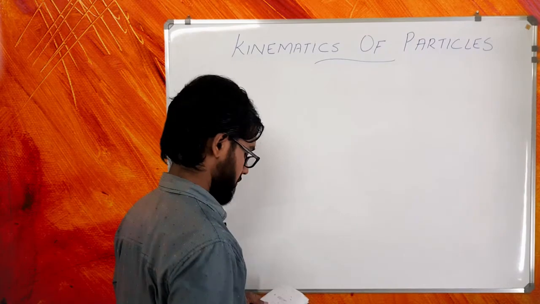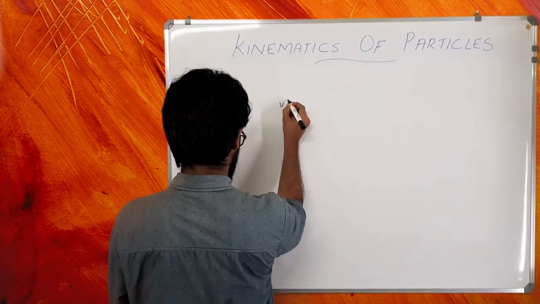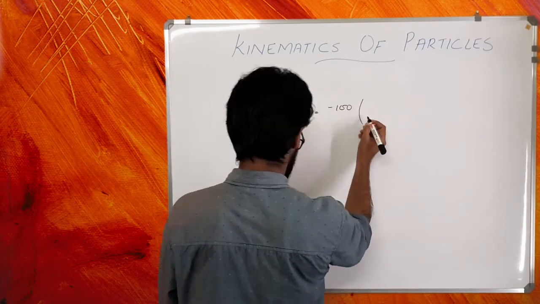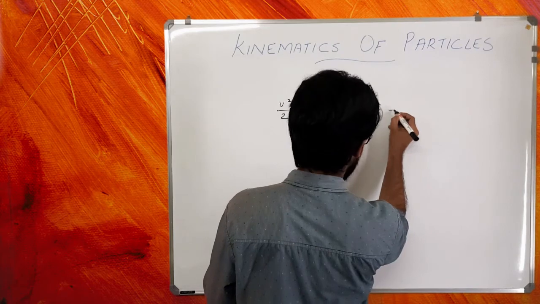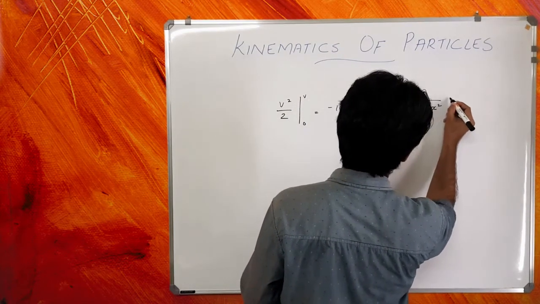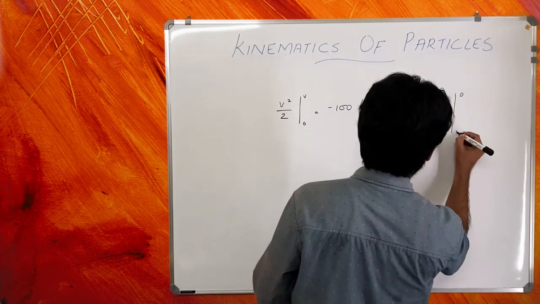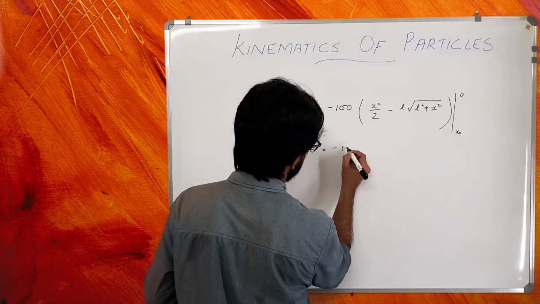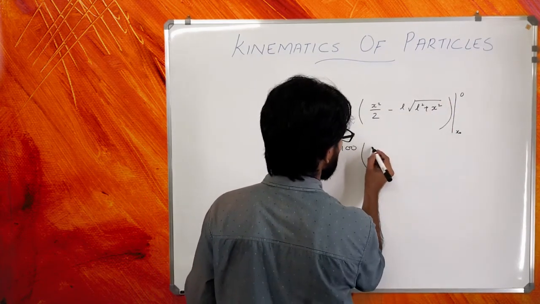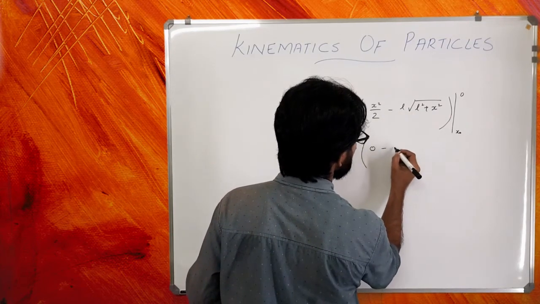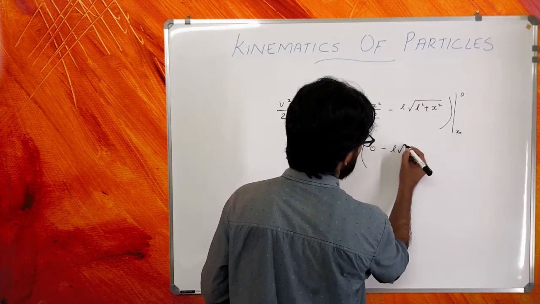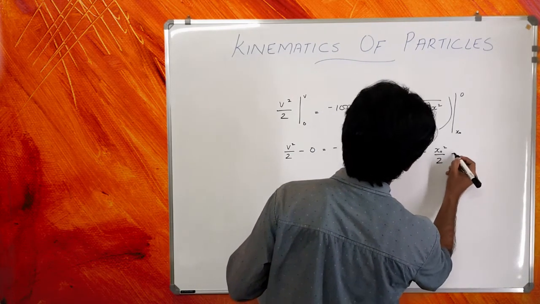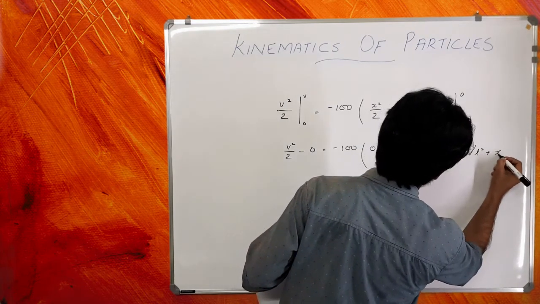Now we have here v square by 2, here I have the value 0 minus L square minus x0 square by 2 plus L into root of L square plus x0 square.